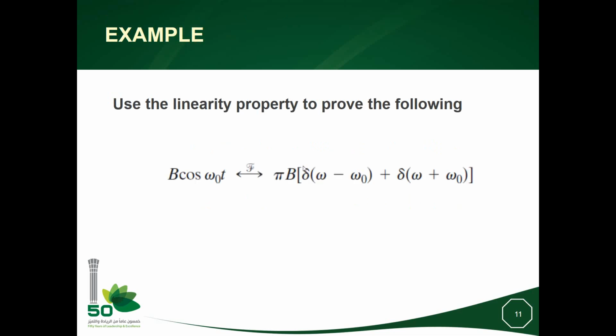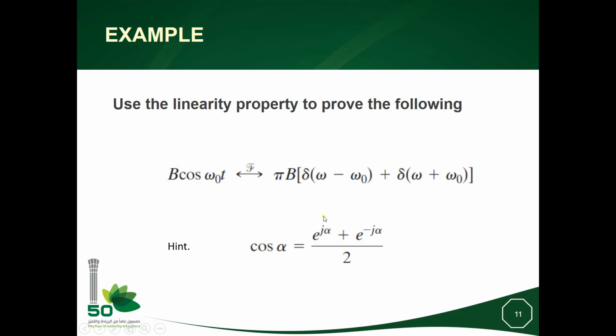We will use this property for getting the Fourier transform of the signal b cos omega 0 t. We know that cos of alpha can be expanded as a sum of two complex exponentials, exponential j alpha plus exponential minus j alpha, divided by 2. If I replace alpha by omega 0 t and multiply by b, I will have a linear combination of two functions.